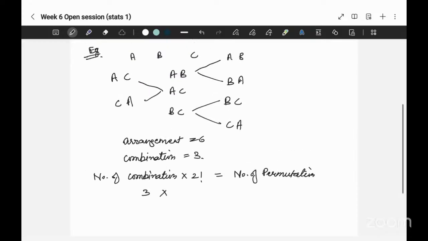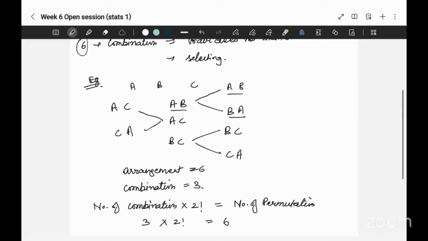In each of the combinations, I have two arrangements, so 2 factorial ways. And 3 into 2 factorial is basically 6. If I have three students A, B and C, and I have to choose two students and arrange them, then I need to find the permutation.